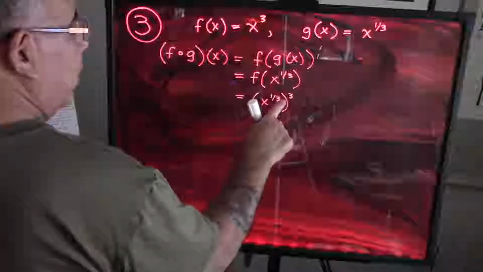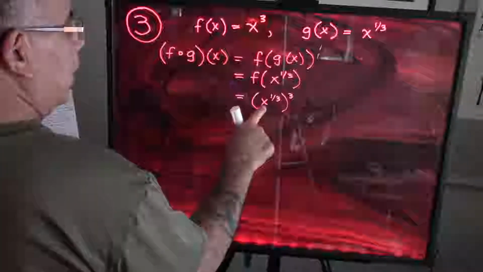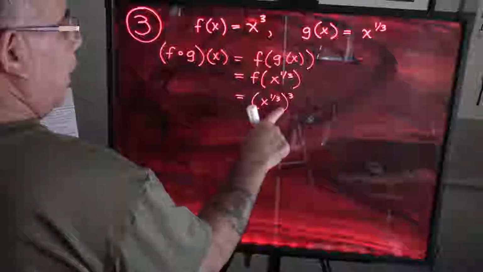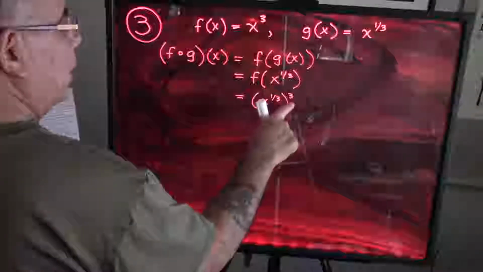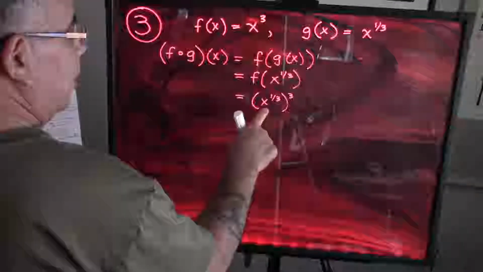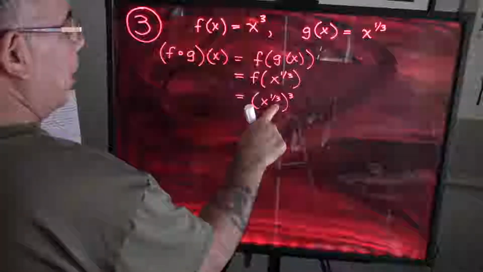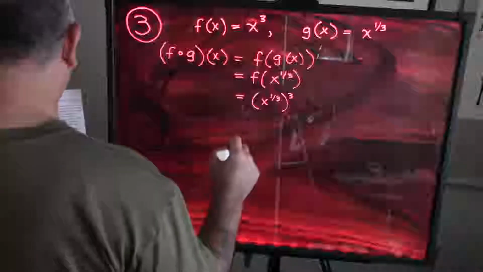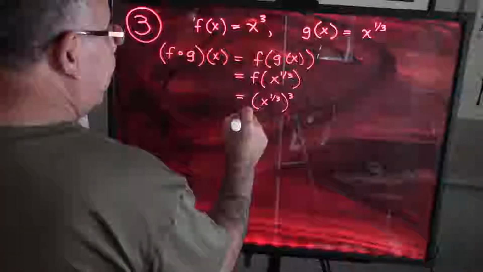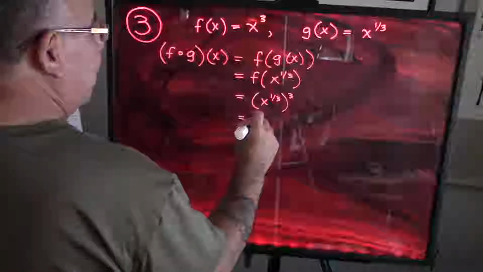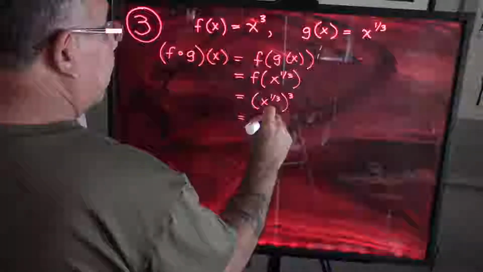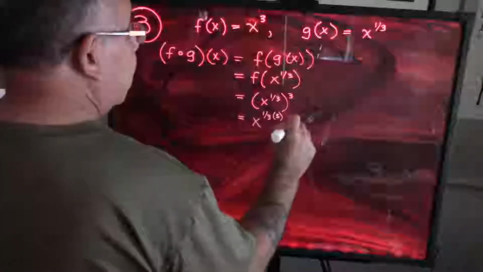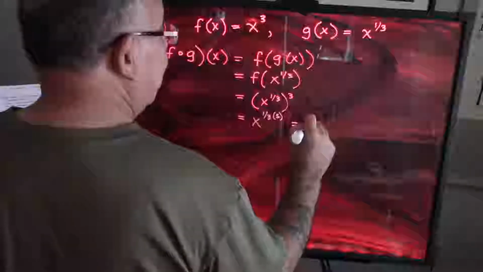Now when you're raising a power to a power, and remember, if there's only one term here, if there was a binomial or a trinomial in here, you couldn't use this rule. But there's only one term in here, and it's raised to a power, and that's raised to a power. You multiply the powers. So that's equal to x to the 1/3 times 3, which is just plain x to the 1, or x.